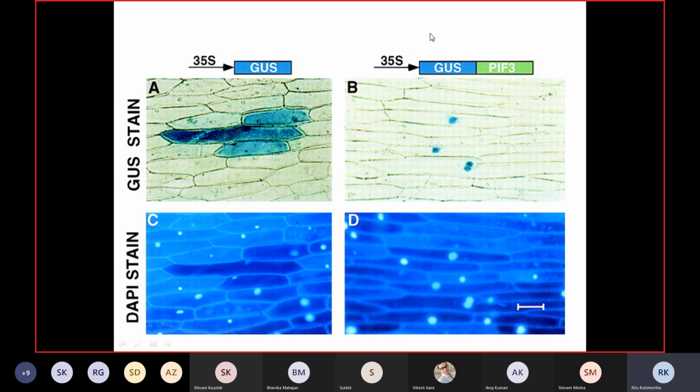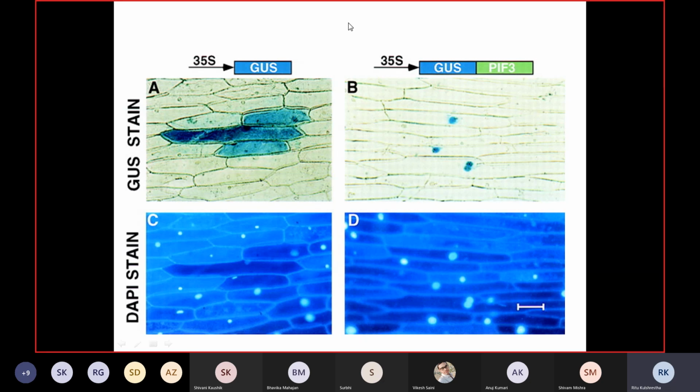Now coming to the panel on the right. Because it's a reporter assay, what they have done is, let's say this is your gene of interest and you want to see where it is localized inside the plant cell, whether it is nucleus localized, cytoplasmic, or membrane bound.